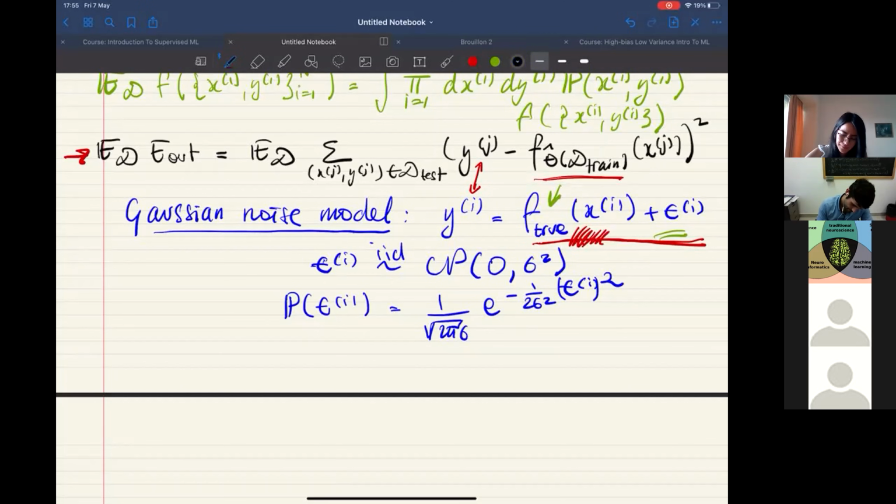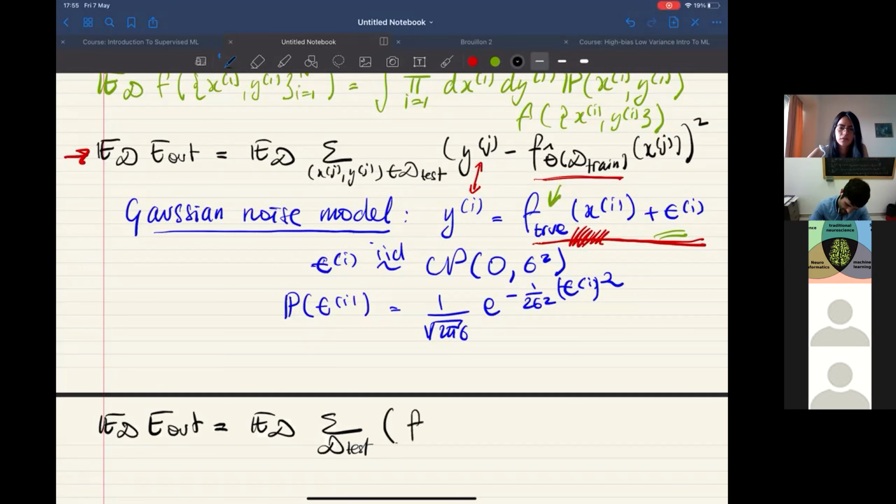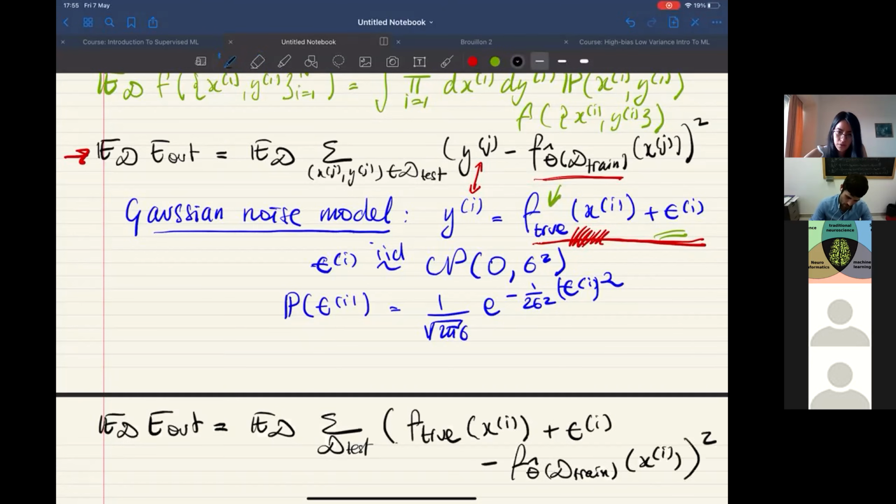So what I obtain is that the expectation with respect to the data of the generalization error is the expectation of the sum over all the samples in the data set, where I replace the true label by the mathematical model for its generation plus noise, minus our model that we trained, which depends on the training data, squared.